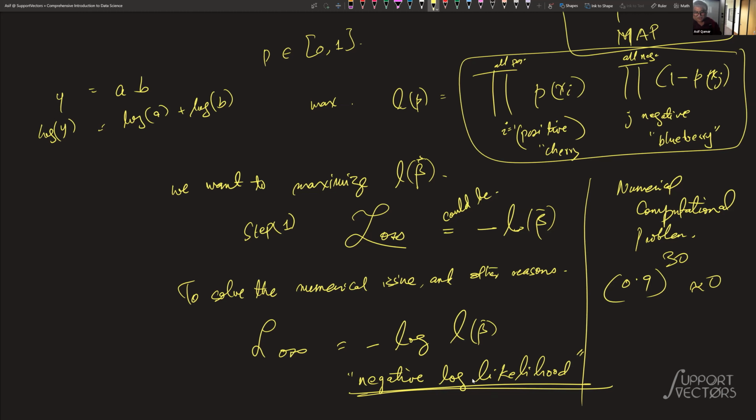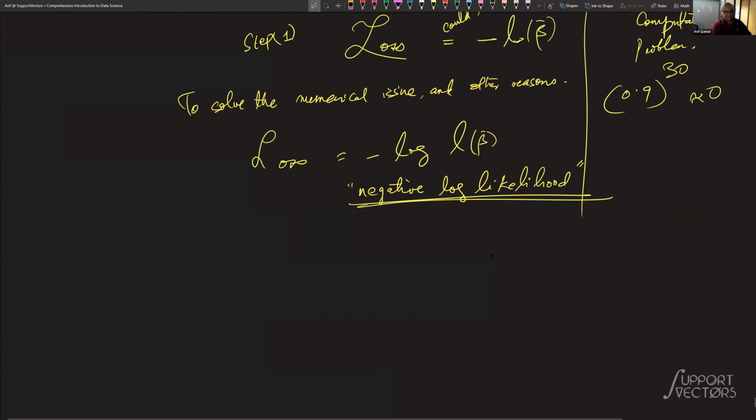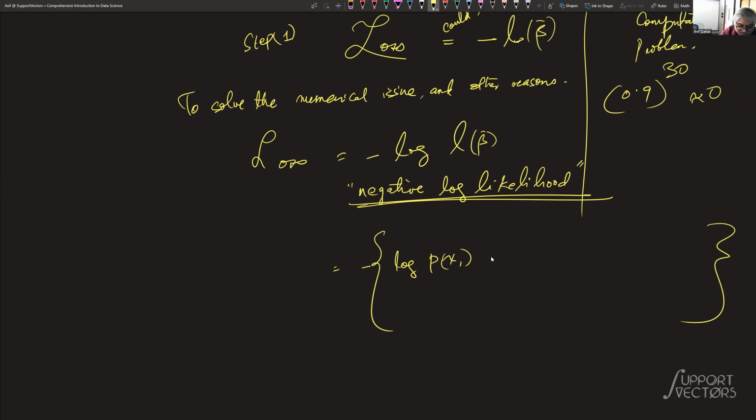Because what negative log likelihood will do, in our case, is this. For positive cases, it will say minus log probability of x1, plus, sorry, this minus is outside here. So I'll keep the minus outside, plus log probability of x2, right?